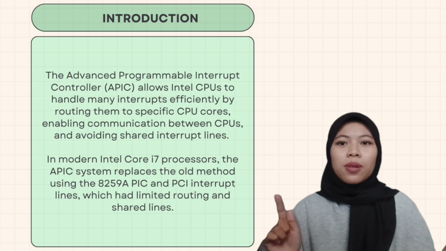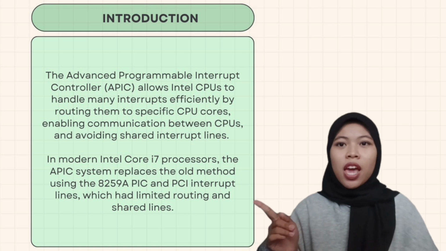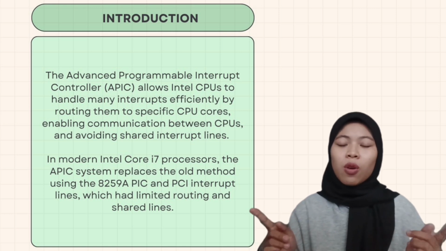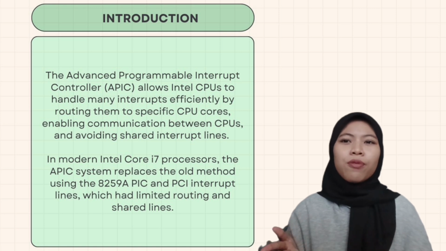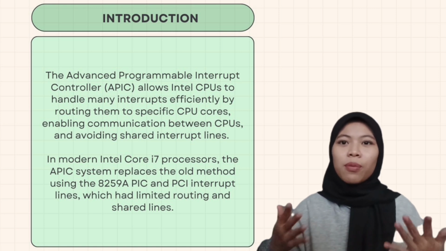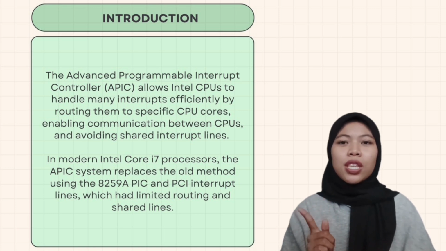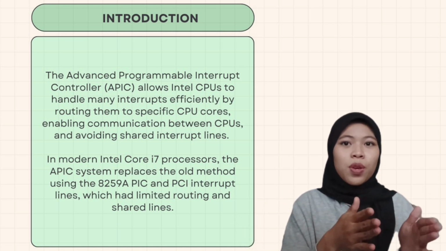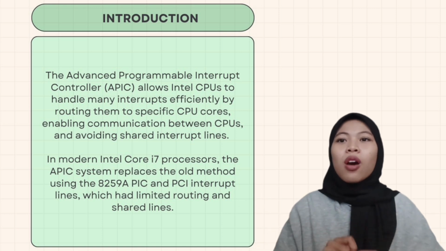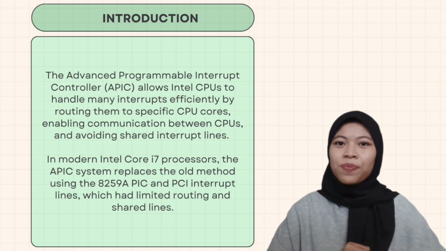The EPIC system replaces the older method using the 8259A PIC and PCI interrupt lines, which were slower, more limited, and often involved sharing the same interrupt line between multiple devices. EPIC allows each interrupt to be routed directly to the correct CPU core without conflicts, which increases system speed and also stability.